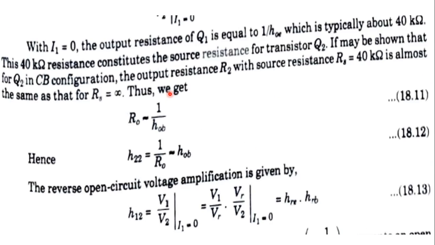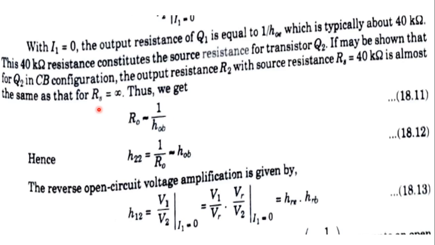And it may be shown that for Q2 in common base configuration, the output resistance R2 with source resistance Rs of 40 kilo ohm is almost the same as that for Rs equal to infinity.